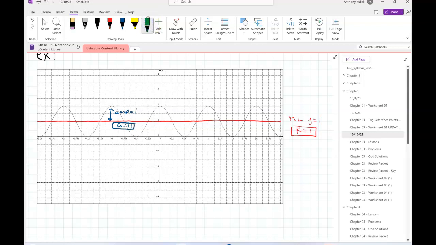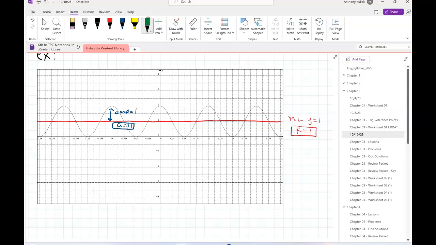Notice I'm writing a little less work this time, because after we understand where this stuff is coming from, it's not necessary to write down all these trivial little steps. I'm just going to clean this up a little bit so it doesn't feel like I'm writing down a paragraph to do this problem. Okay, let's do the period next.